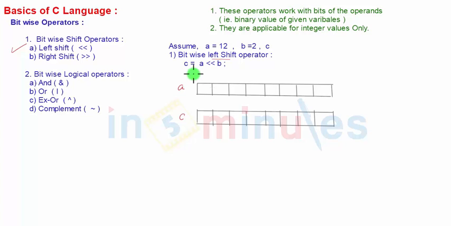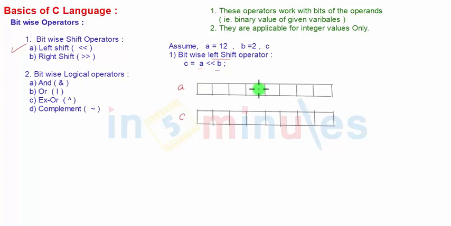Here the statement is read like this: C equal to A left shift B. A is 12 and B is 2. Bits of A are shifted left by B number of positions. That is, bits of A will be shifted twice to the left because B is 2. If B was 0, there won't be any shifting. If B was 5, the bits in A will be shifted left by 5 locations.